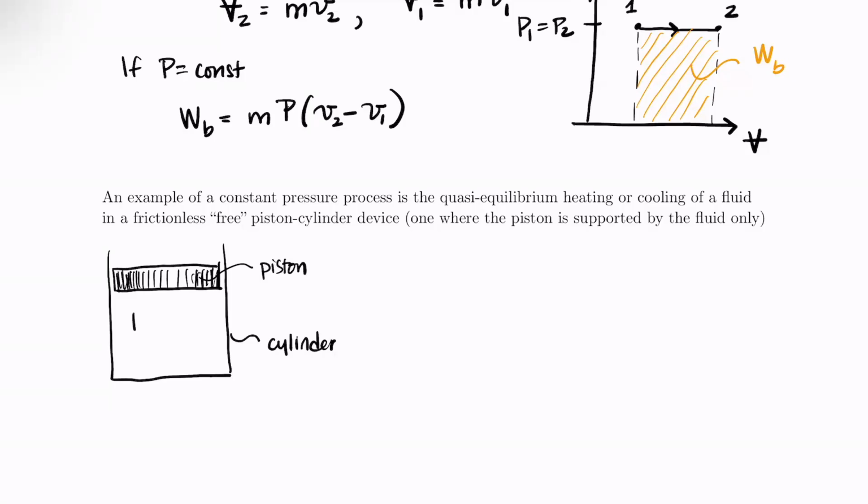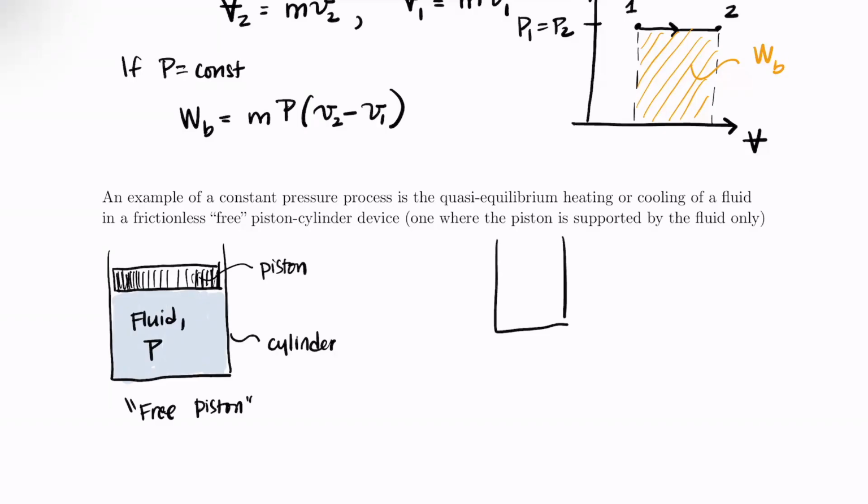So we have our fluid in here at a pressure P. Okay, so this is our free piston. Just to make sure that it's notable the difference between this system and a not free piston, for example.